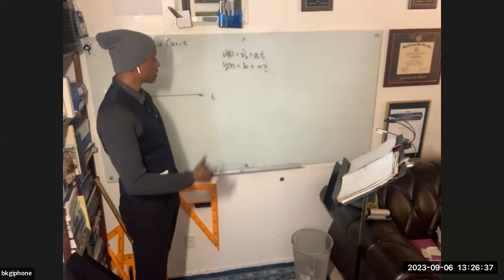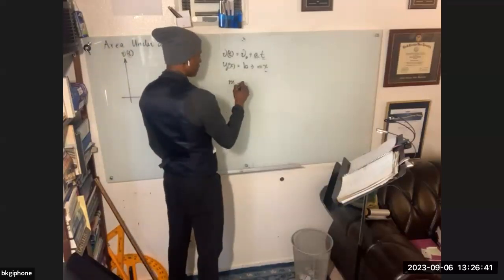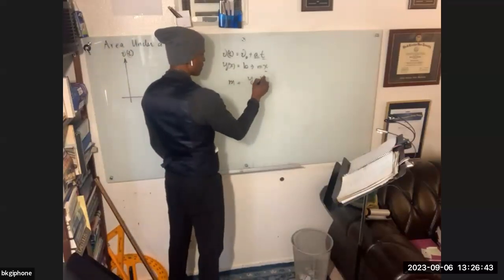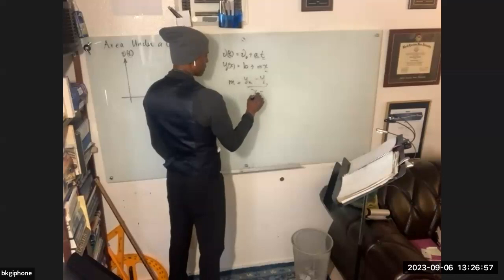Actually, that's the equation of a line. The point slope formula, I think, is where you take the m and you do the y minus y1 over x minus x1.